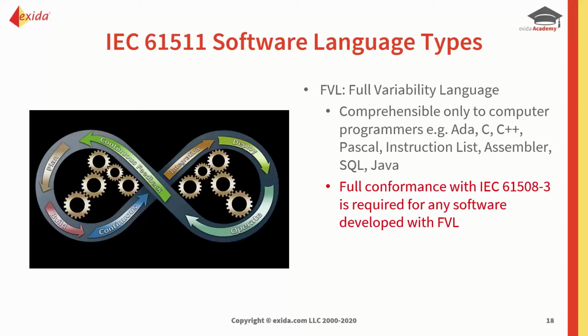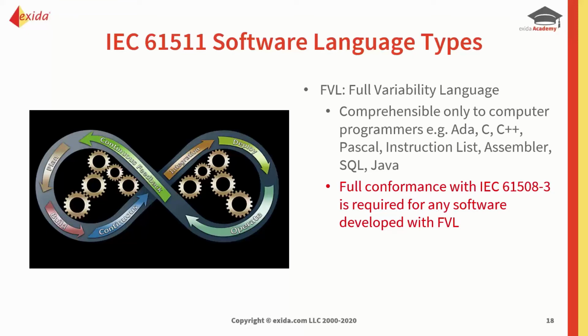All of those are regarded as full variability language. And the important part of that is that if you choose to write any code or functions using FVL, then it has to be developed in accordance with 61508-3.